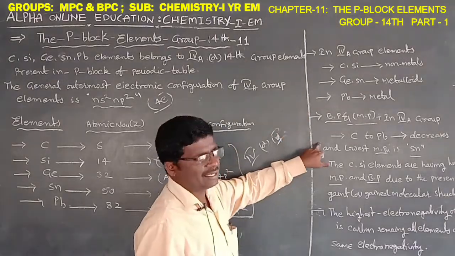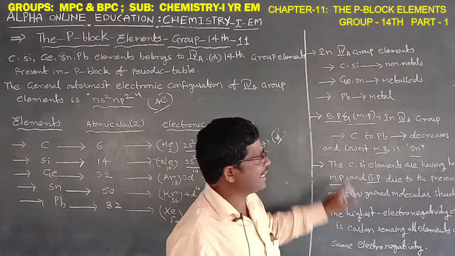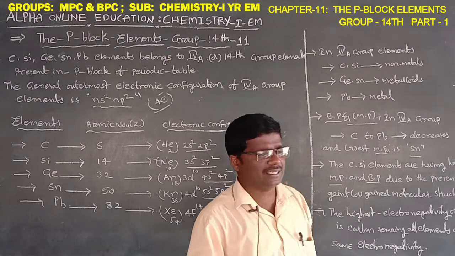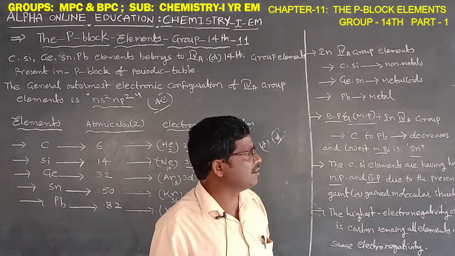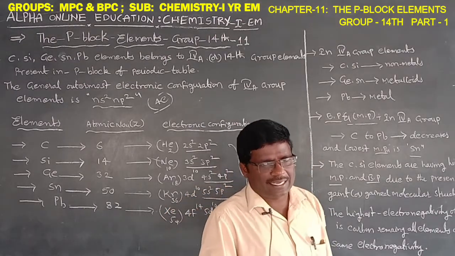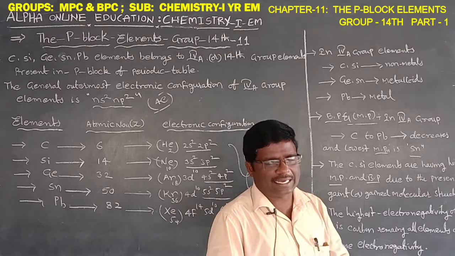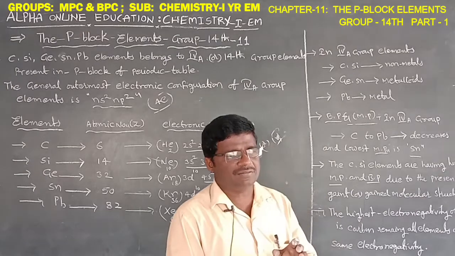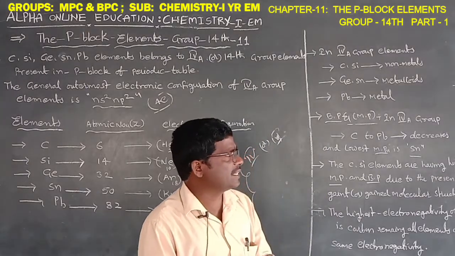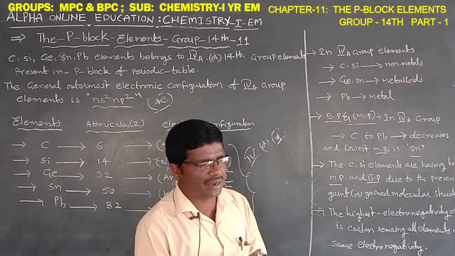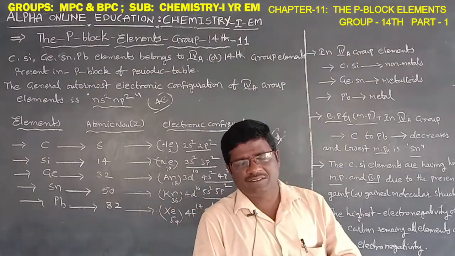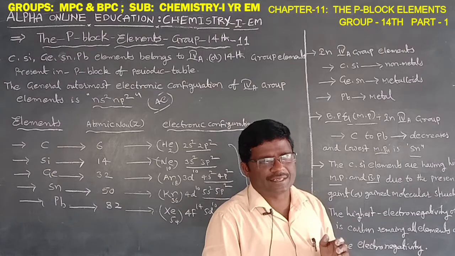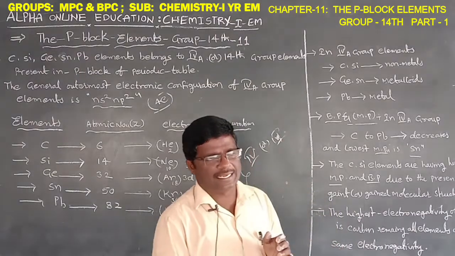Next, another one, catenation. What is catenation? A 2 marks question. The self-linking of the same atoms forming long chains and ring systems is called catenation.